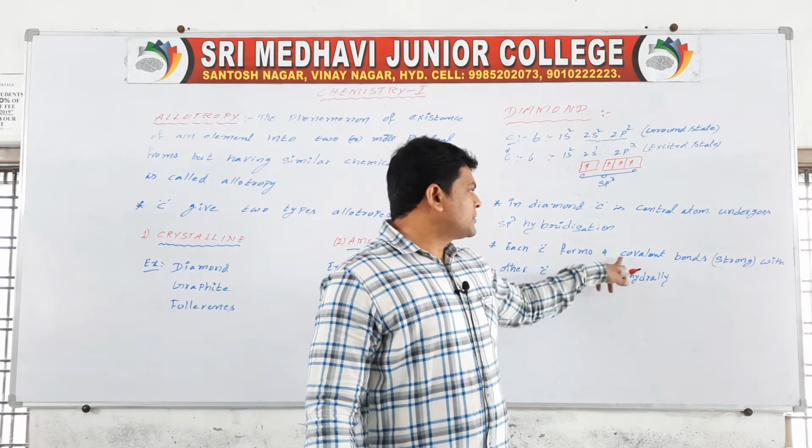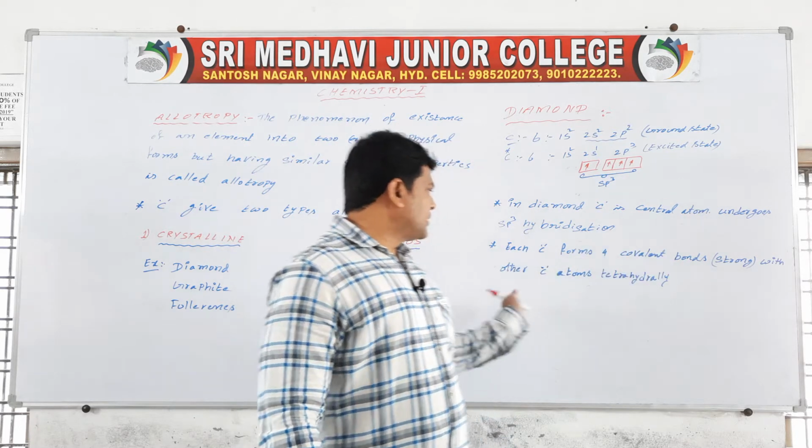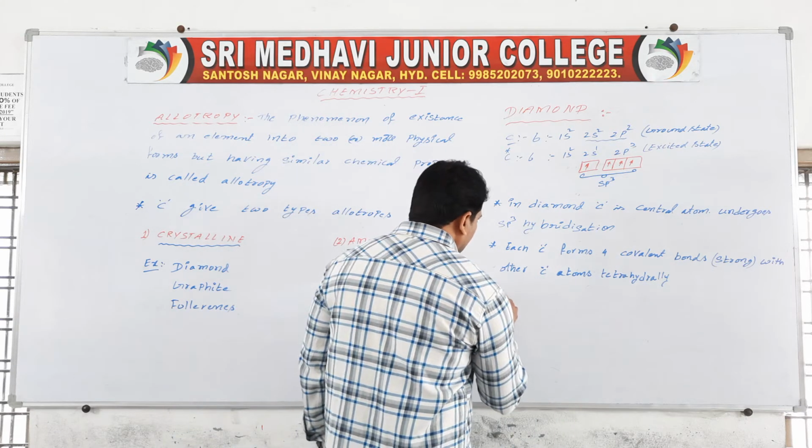Each carbon forms 4 covalent bonds with the other 4 carbon atoms tetrahedrally.